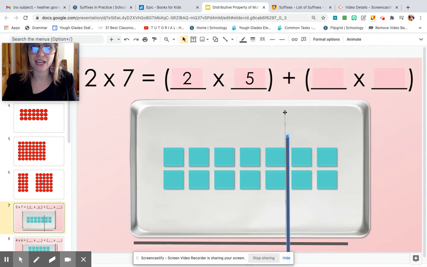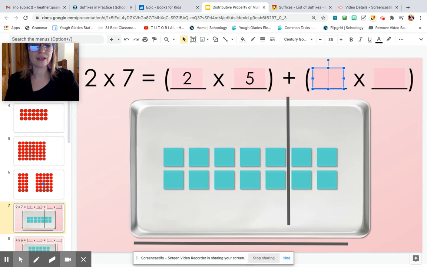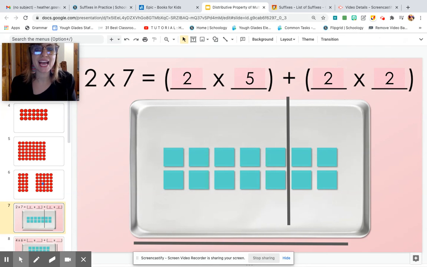So on this side of my line, I have an array that shows 2 rows of 5. And on this side, I have an array that shows 2 rows of 2. And I know that 2 times 5 is 10, and 2 times 2 is 4. And if I take 10 and 4, add them together, I would get 14.